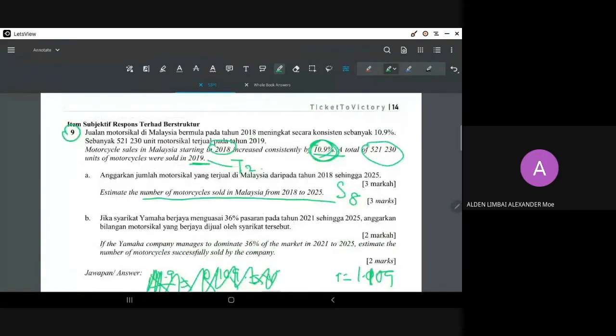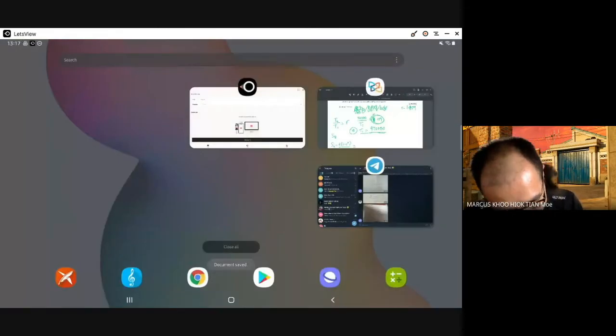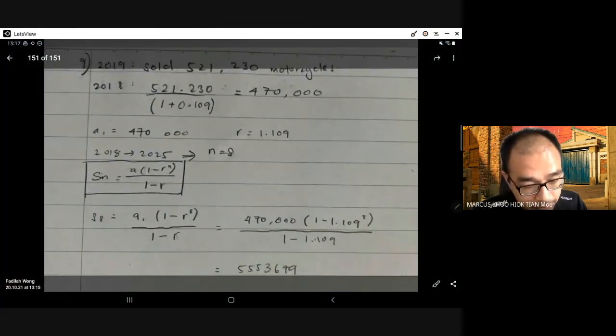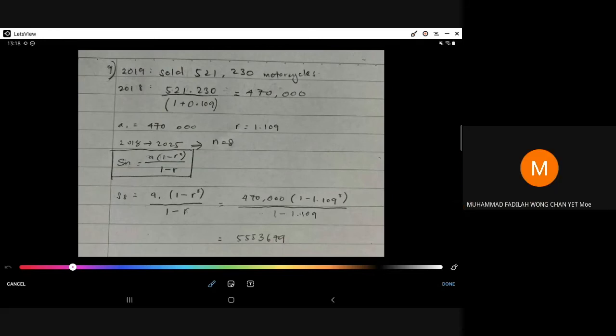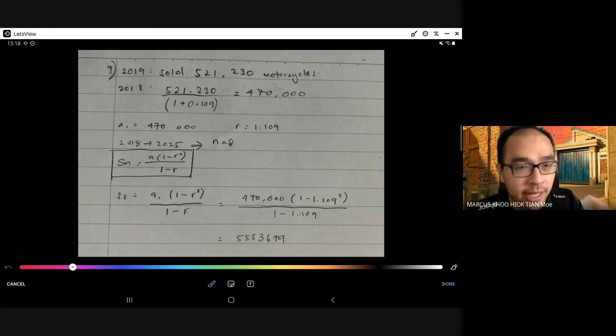So Fadila has already sent the calculation to the group. Okay, fine. All right, Fadila, you want to explain what's happening? Can you at least explain to us? Why did you do this?